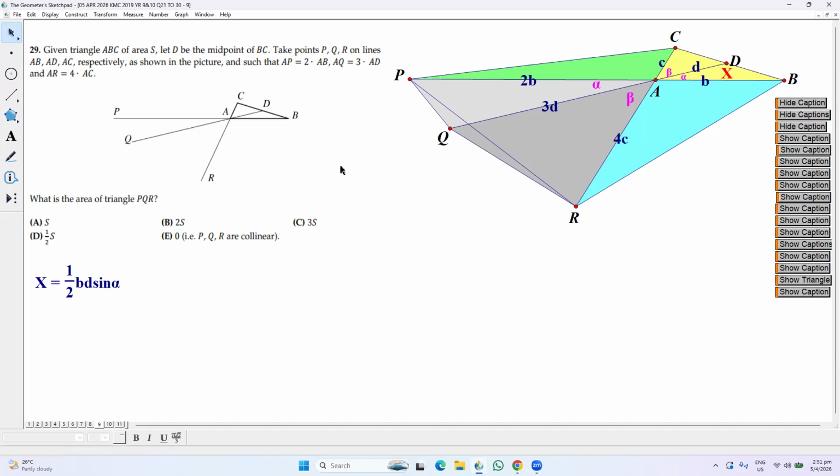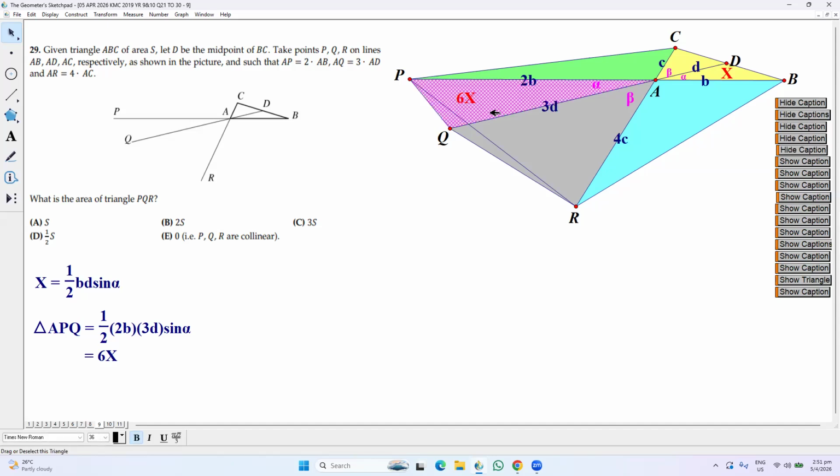So if we calculate this triangle, you can know how many x. 2 and 3. Half times 2 times 3 times sine alpha. So 6, okay, 6x. Area is 6x.